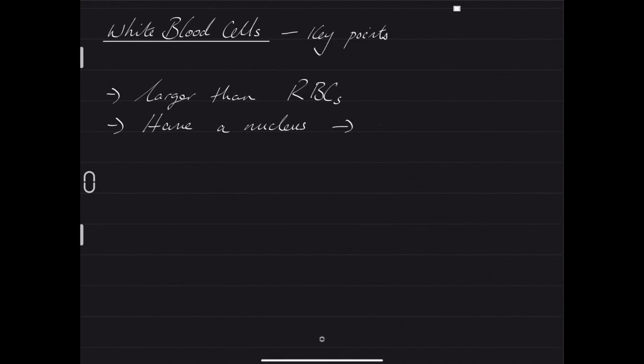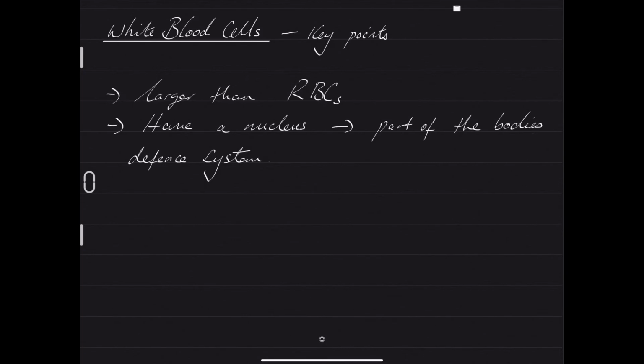So we can say part of the body's defense system. And this is because we're going to come on to this later when we talk about how pathogens are neutralized within the body. But the body's defense system is to act against harmful microorganisms.